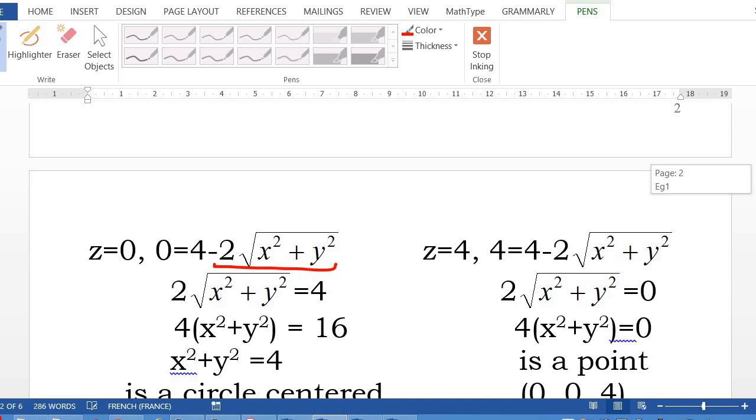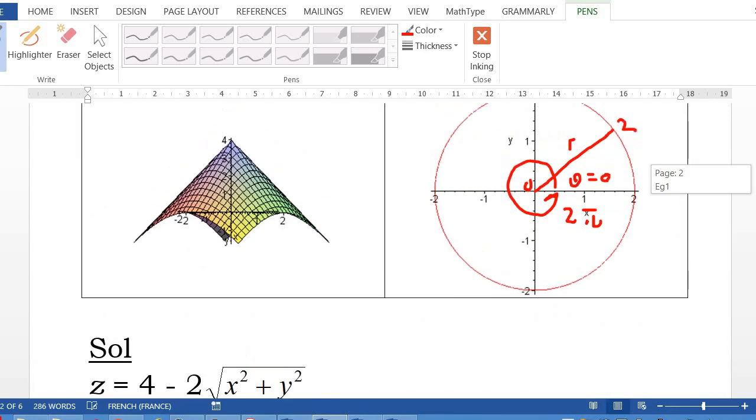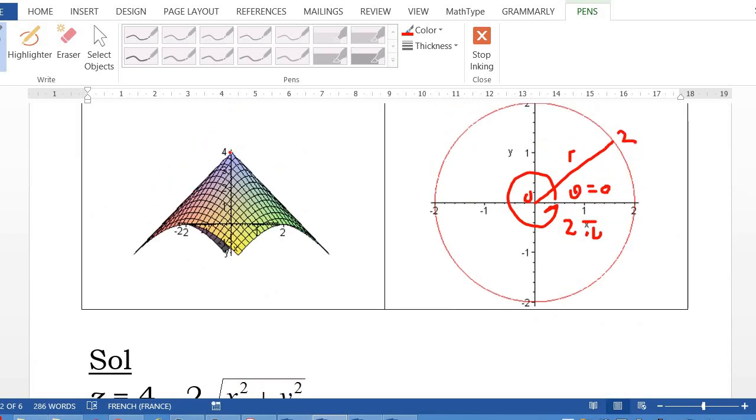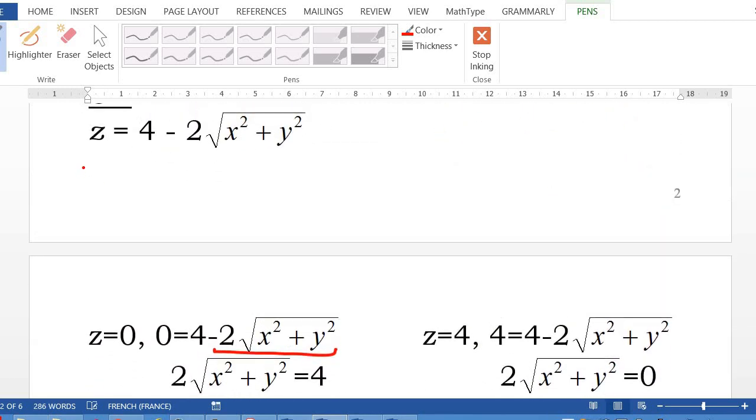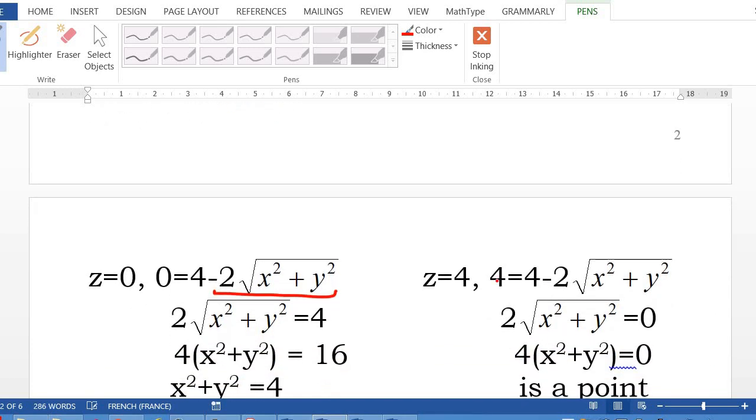Okay, when you substitute z equal to 4, because the lamina is bounded from z equals 0 until z equals 4, into the lamina equation, you have 4 equal to 4 minus 2 times sqrt(x squared plus y squared). Cancel the 4 here. That's why you have 2 times sqrt(x squared plus y squared) equal to 0.